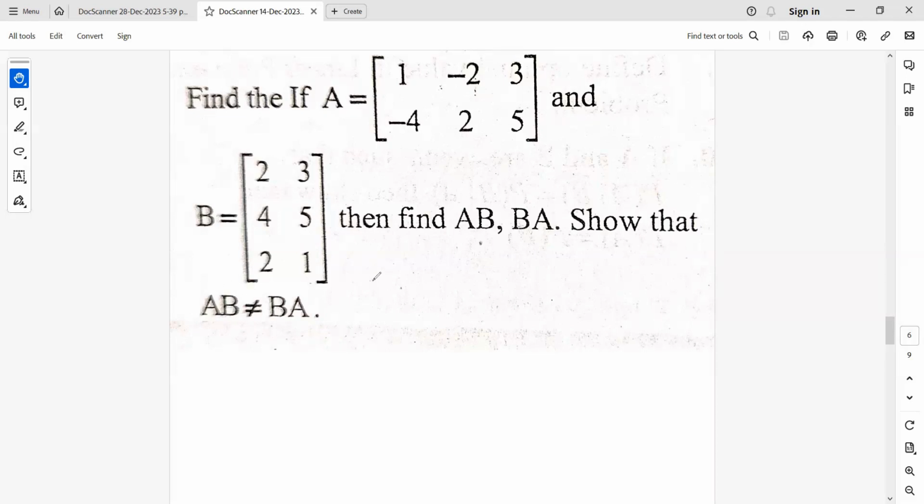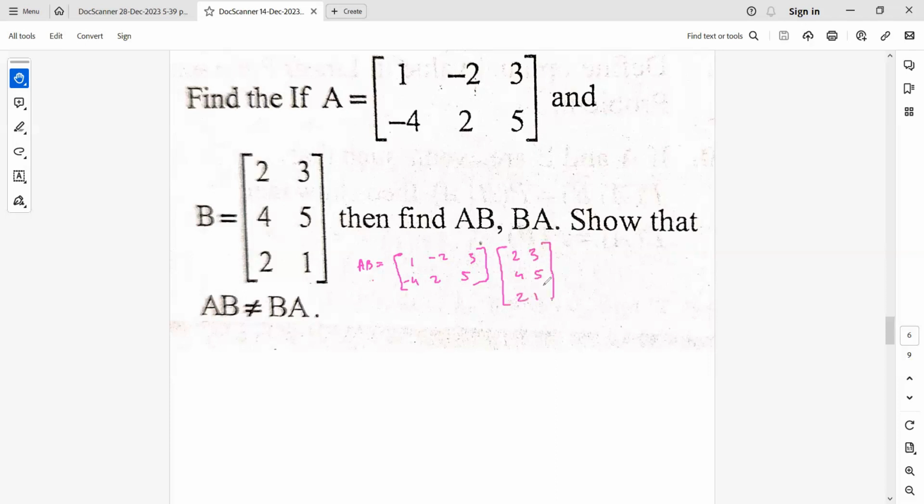So, a simple question. Solution: what we need to do is A into B. The matrix A is given to us as 1, -2, 3, next -4, 2 and 5, multiplied by matrix B. The matrix B is 2, 3, 4, 5 and 2, 1.